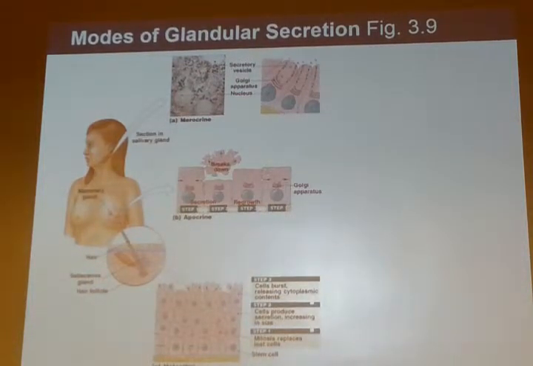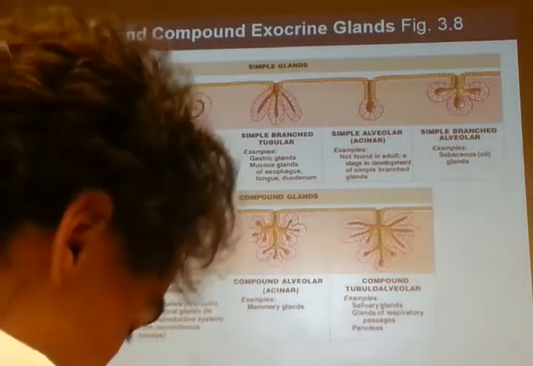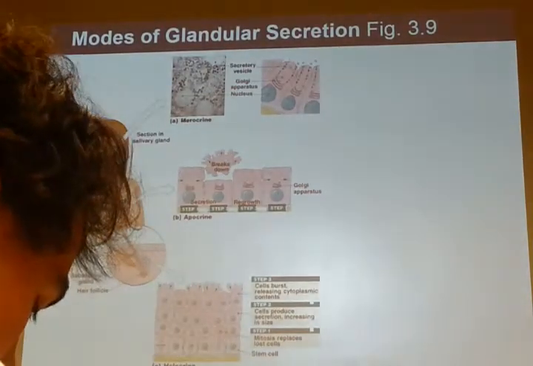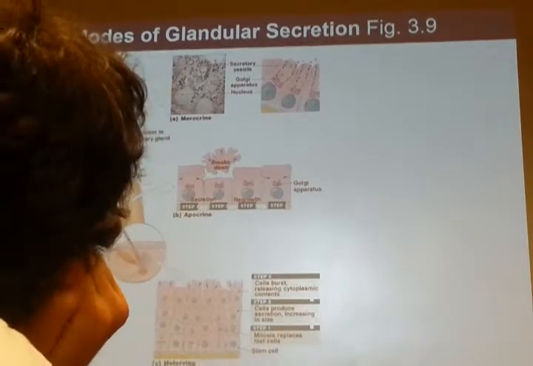How do you secrete? You can secrete in a merocrine fashion. Merocrine secretions are watery secretions. We talked about the merocrine sweat gland here, which is a coiled tubular gland. Its secretions go out in a merocrine fashion.